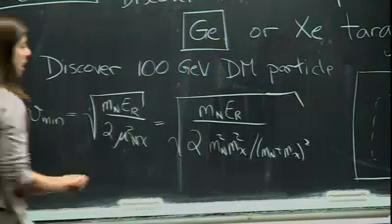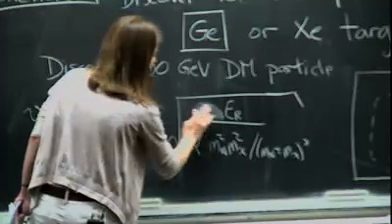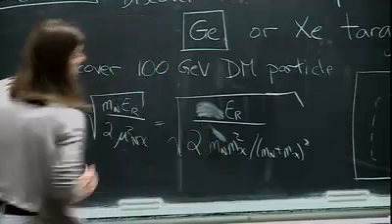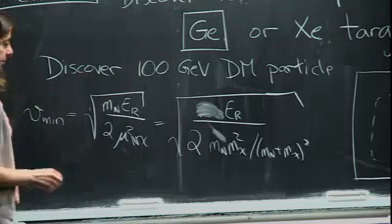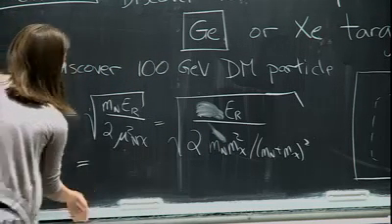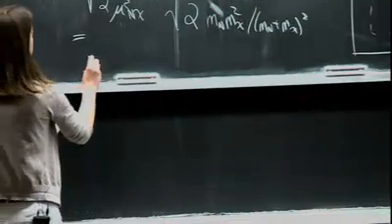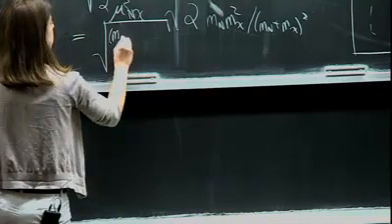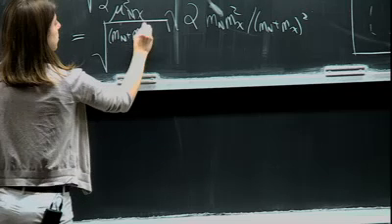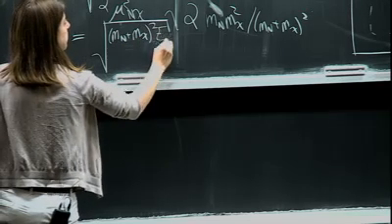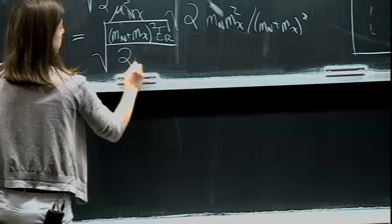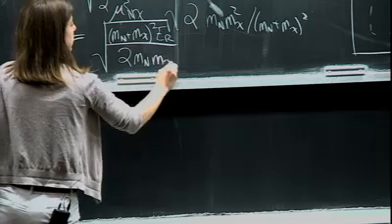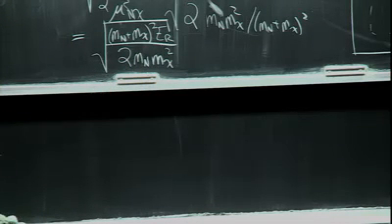I get a cancellation between the nuclear mass, top to bottom. So what this ends up becoming is the mass of the nucleus plus the mass of dark matter, squared, times E_recoil, over twice the mass of the nucleus times the mass of dark matter squared.